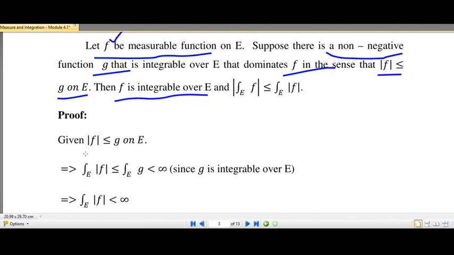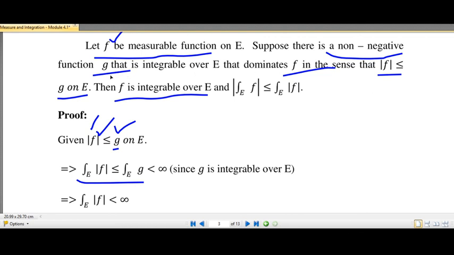Because we assumed that modulus of f is less than or equal to g on E, because g dominates f, and g is a non-negative function, and modulus of f is also a non-negative function, then by the monotonicity of integration of non-negative functions, we get that the integral of modulus of f over E is less than or equal to the integral of g over E. But we assumed that g is an integrable function.